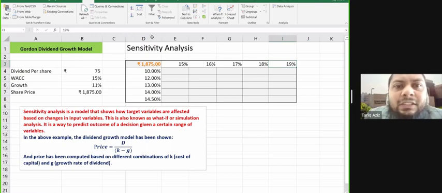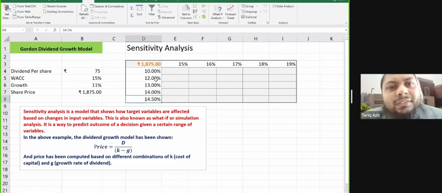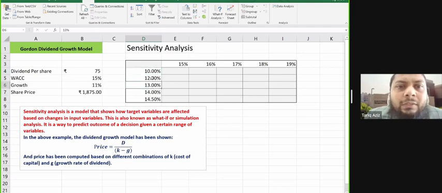Similarly, in this D column, there are 10%, 12%, 13%, 14%, 15%, 14.5%. These are the growth rates of the dividend. I have already written here 11, 12, 13, 14, 15, 14.5.